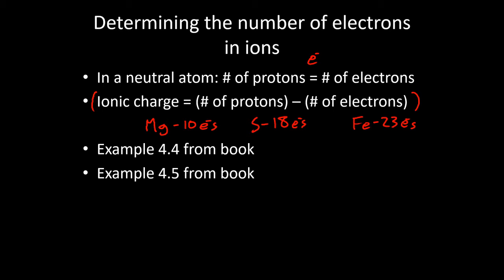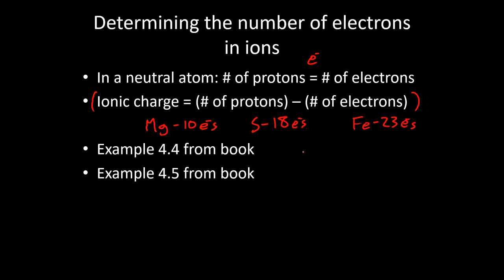For the first one there, we have magnesium. Really the only thing that you needed to work out for this, other than doing the simple math, is that to get the number of protons, you have to go to the periodic table. Because remember, the atomic number at the top of the symbol is the number of protons. So magnesium is number 12 on the periodic table, which means that it has 12 protons.